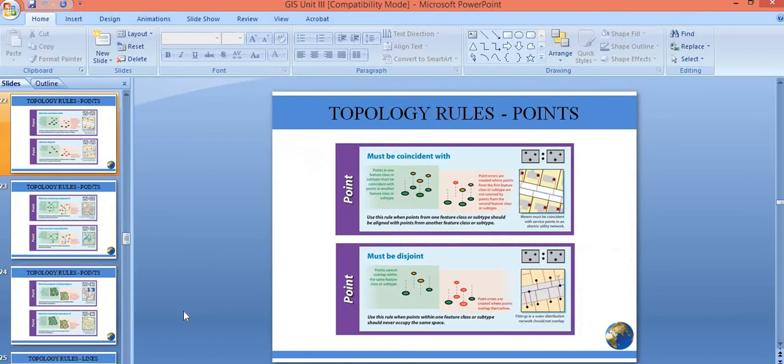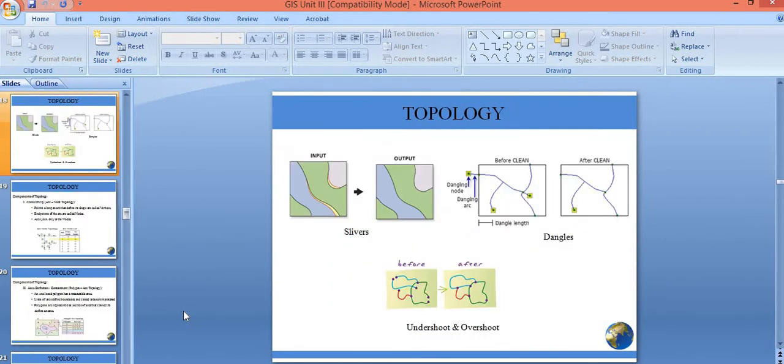Okay, then we have different rules. Students, kindly go through all the rules. Based on these rules, definitely you will be getting some questions. Before going to the rules, I should highlight this point. We go for topology, of course, to represent the relationship between the spatial elements, but in addition to that, you can eliminate these errors when you go with topology.